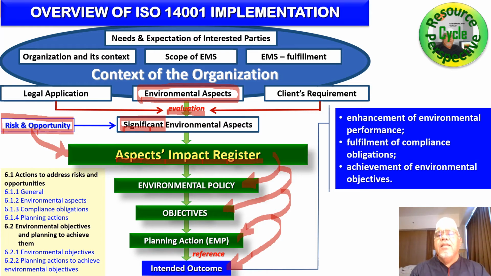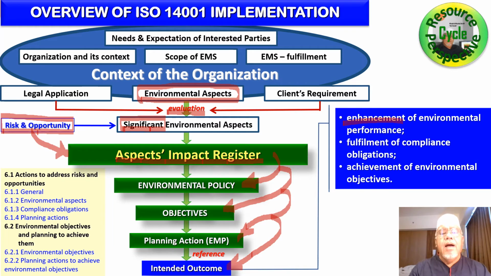Nonetheless, the standard says the intended outcome must include enhancement of environmental performance. That is why in my dashboard, in this aspects impact register that I'm going to show you, we will include environmental performance evaluation as part of the dashboard.